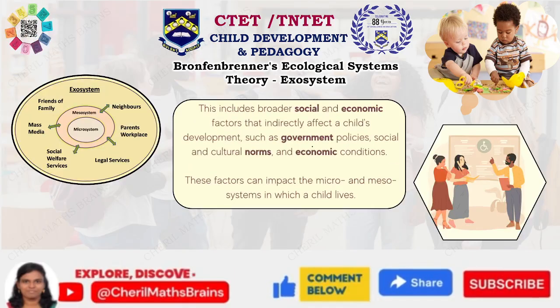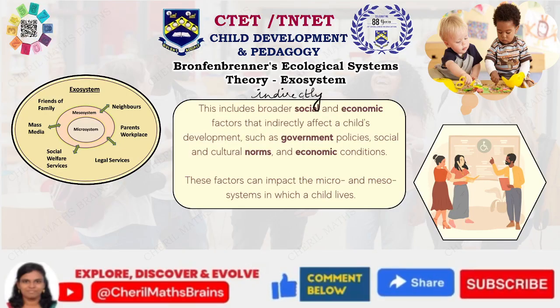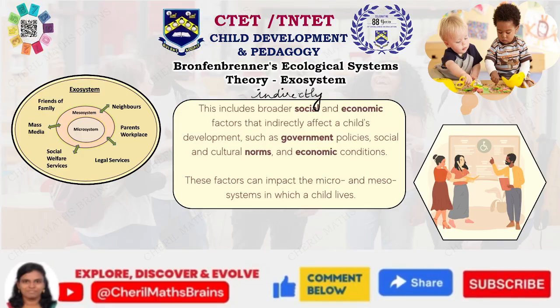The next one is the exosystem. When you talk about the exosystem, you're talking about certain situations which indirectly impact the development of the child. There is an indirect impact here, for example when a parent is stressed in the workplace.